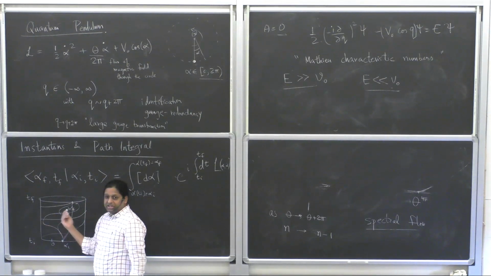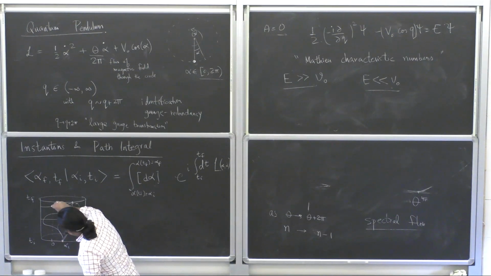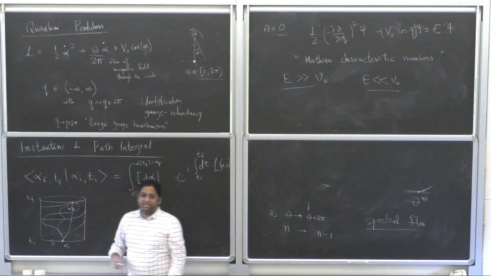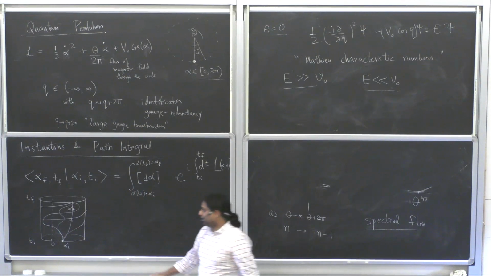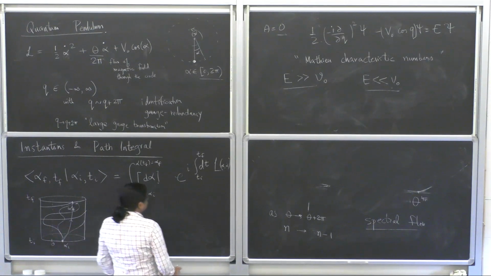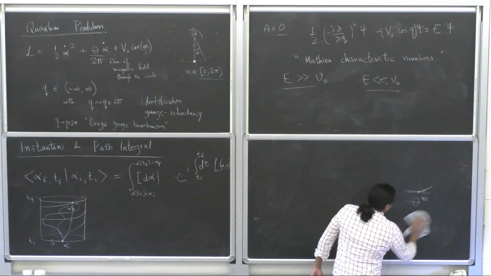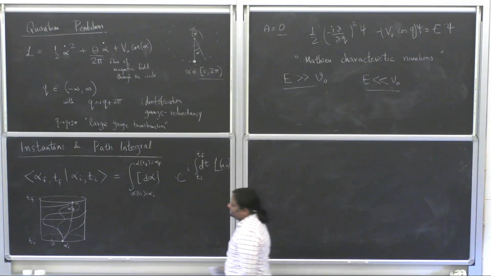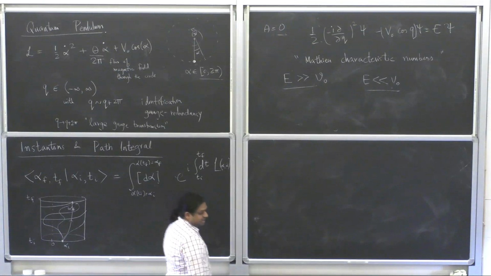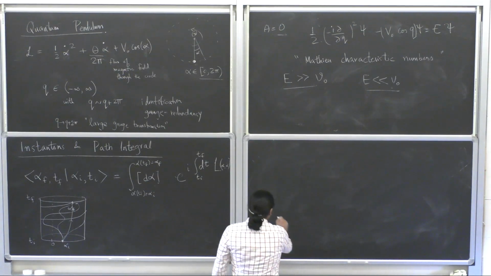Any path that crosses that international date line has to jump, and that's an unphysical jump in a smooth path, just because you're jumping coordinates. As you cross 2 pi, you go back to 0 artificially. So it's much more convenient to work with this picture, but in the q basis.